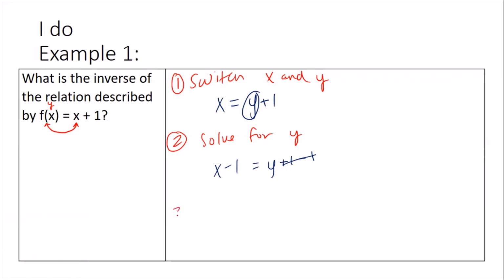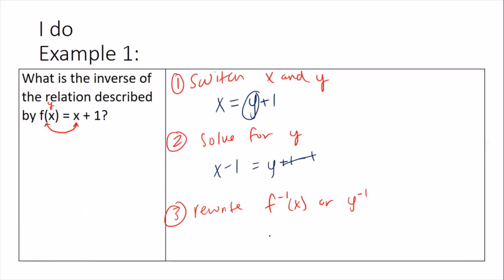And the last and final step is to rewrite it using inverse notation. So we write f to the negative 1, or y to the negative 1, just to show that that's the inverse.